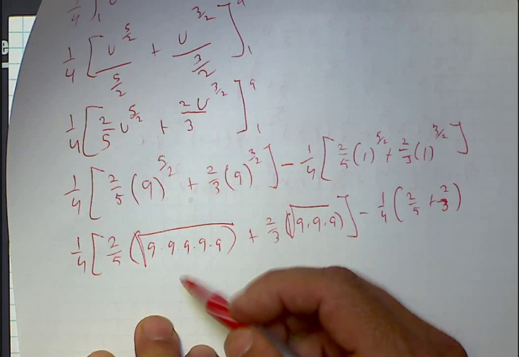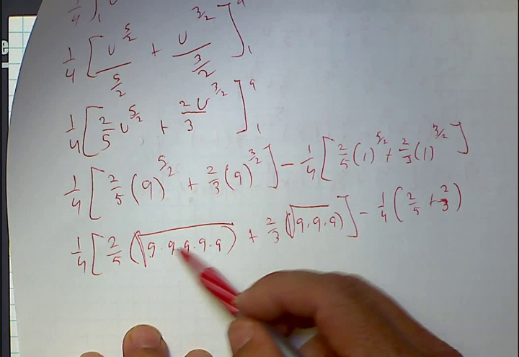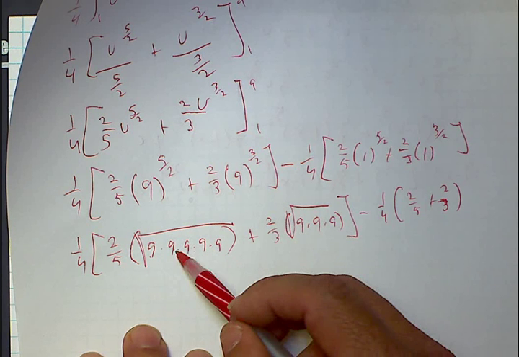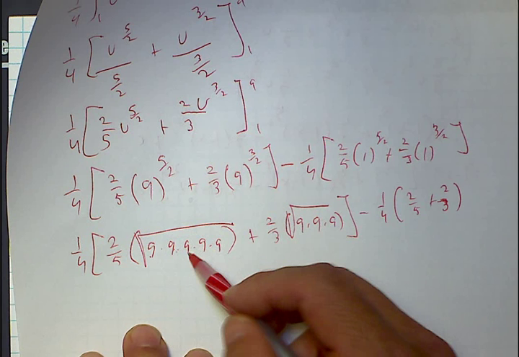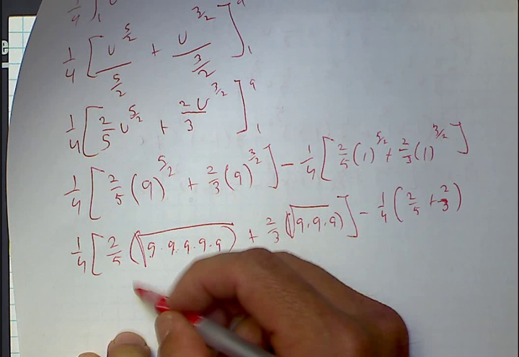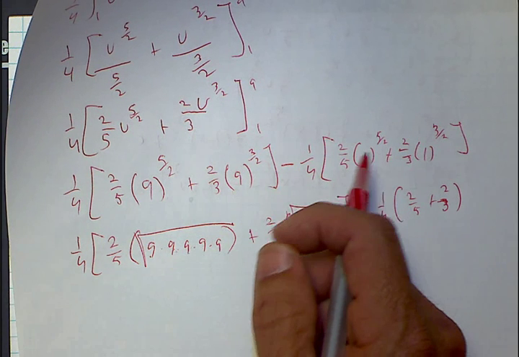All right, so square root of 9 is 3, and 3, and 3, and 3, and 3. 3, 9, 81. 81 times 3 is going to be 243.